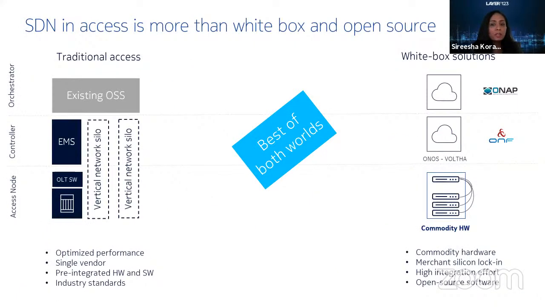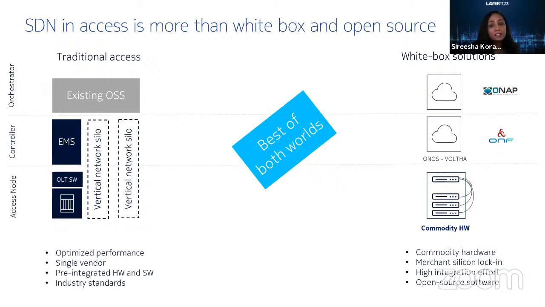One of the most important trends that I want to bring out is a key enabler, that is access disaggregation. Traditionally, like you see on the left-hand side, proprietary software was integrated and tightly coupled with the hardware. But thanks to SDN, now it's possible to disaggregate software and hardware in an open way, making it easier to integrate different technologies and mix and match multiple components and provide deployment flexibility.